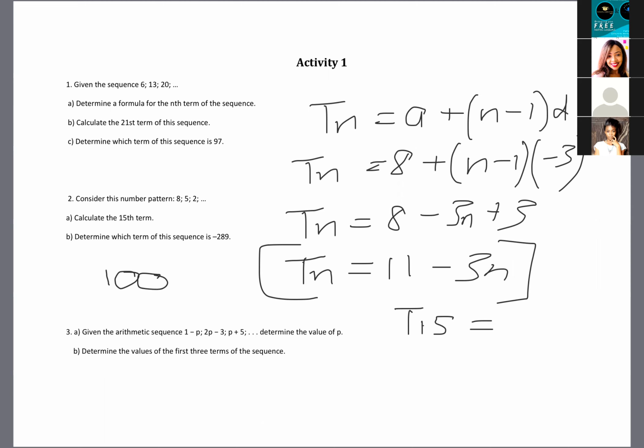Okay, calculate the 15th term for me, please. Yes, ma'am. Plus 3, 15, 11, 34.